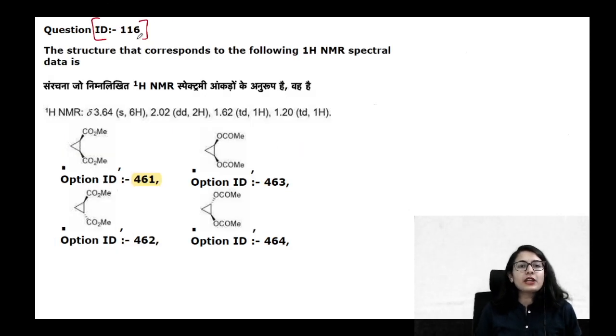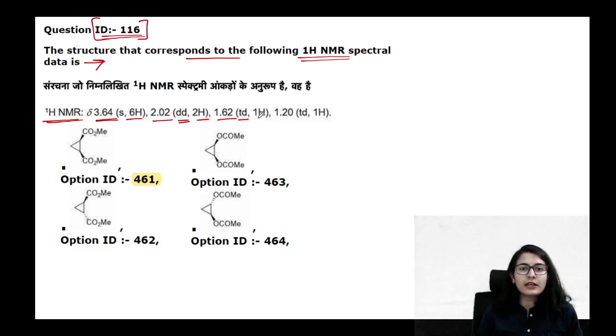Another easy question, ID 116. The structure that corresponds to the following proton NMR spectral data is. What is the data? 1H NMR: 3.64, 6 hydrogens; 2.04, doublet of a doublet, 2 hydrogens; 1.62, triplet of doublets, 1 hydrogen; 1.20. So guys, when you have so many molecules to look at, you first confirm the OMe.